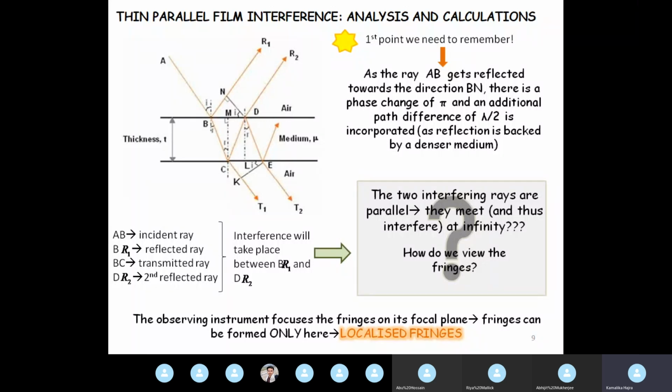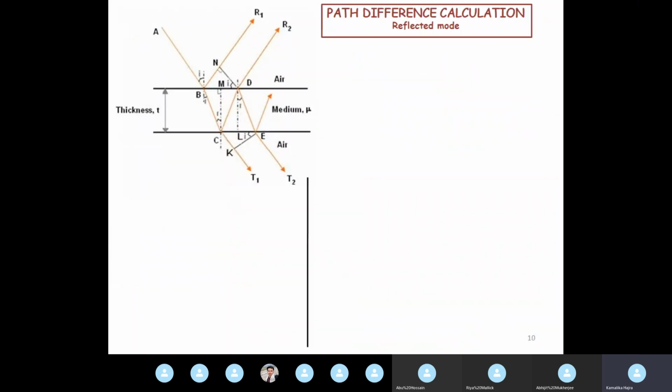Very, very important. So now we are at a position to calculate the path difference.